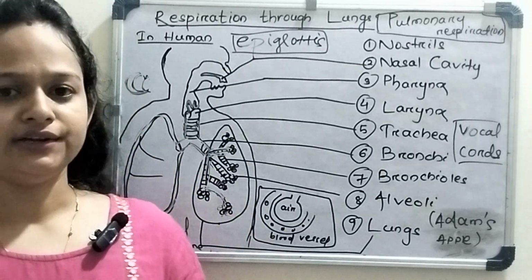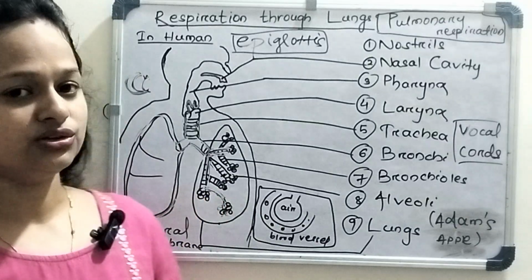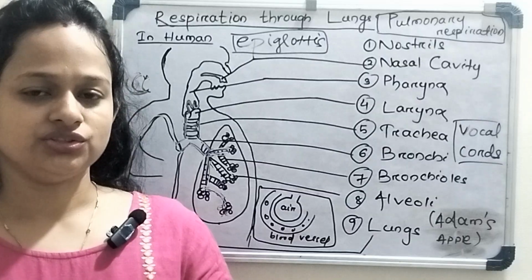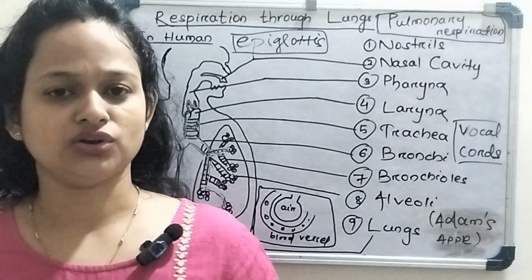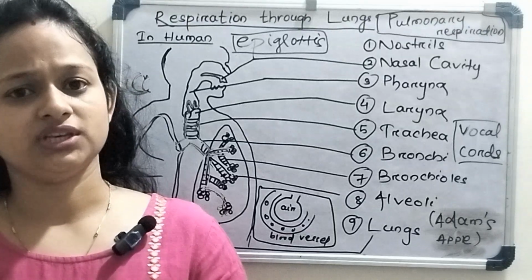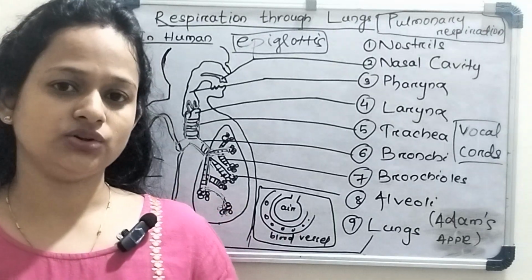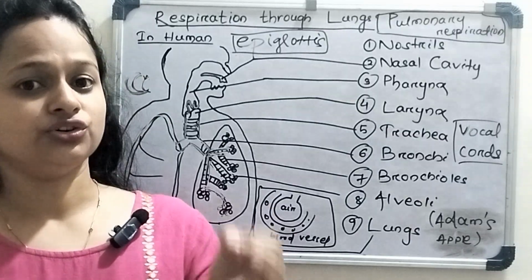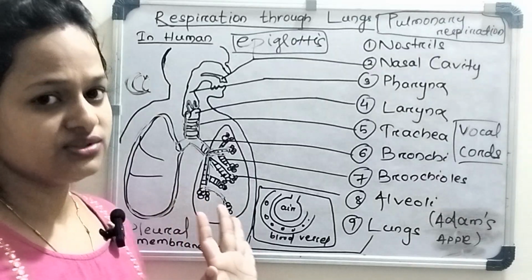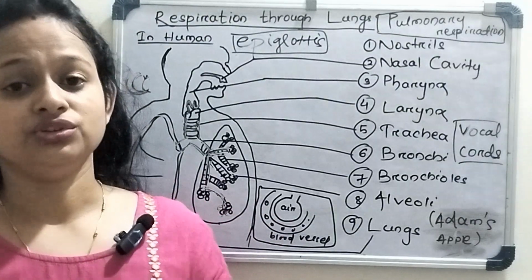And the alveoli that are present in the lungs help in the gaseous exchange. These are the important structures of the lungs. If we assume that there were no alveoli in the lungs, then the oxygen that enters the body would take about 3 years to reach the toe.